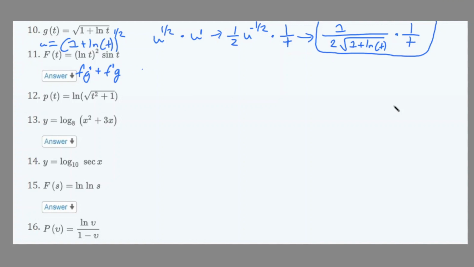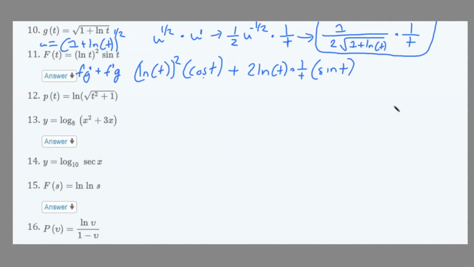So we write f out first, which is going to be ln t squared, and that's going to be multiplied by g prime, which is cosine t, and added to f prime, which is going to be 2 ln t times the inside, which is ln of t, whose derivative is 1 over t. And that's going to be multiplied by g, which is just sine of t.